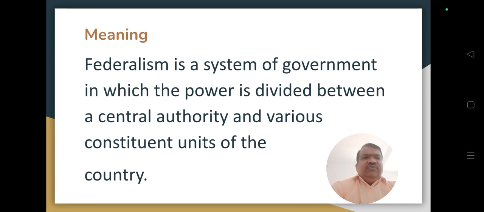Only in that case is the country called a federal country, and the power is divided between the central government and the state governments. Here, state governments are called constituent units.